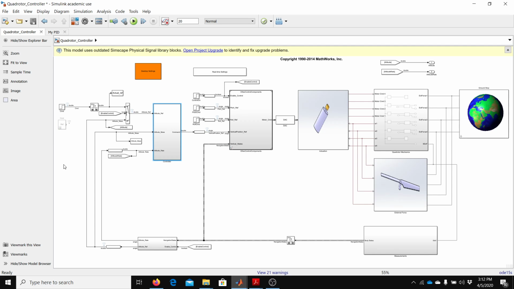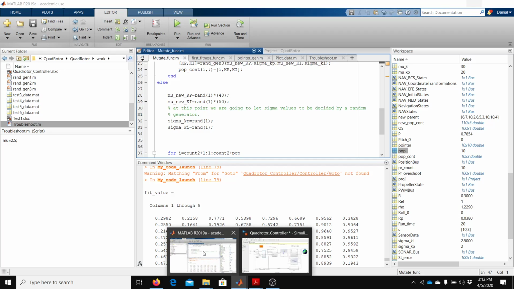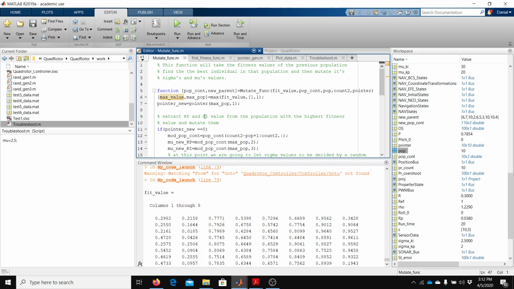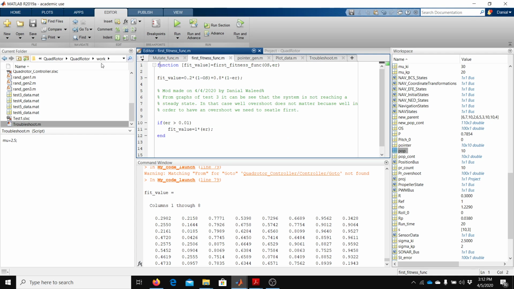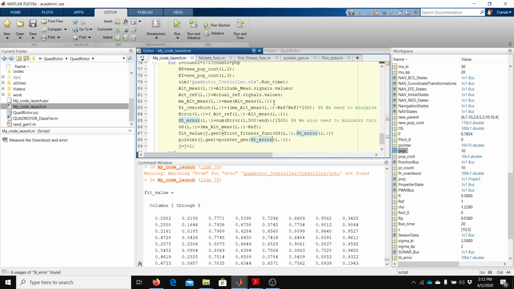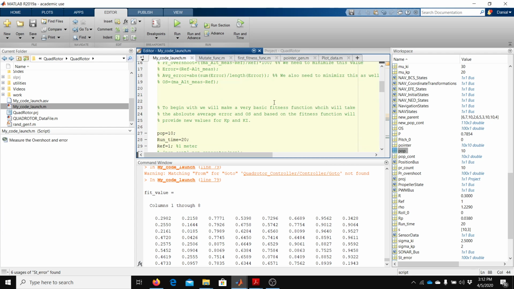In this video, what I've done so far is make some modifications to my script, to my genetic algorithm. Let me just open up the file, my code. Initially I provided very good values for my controller.